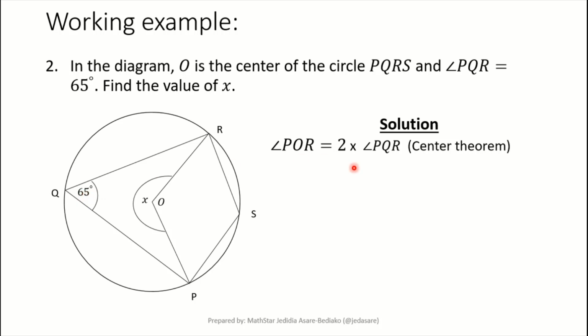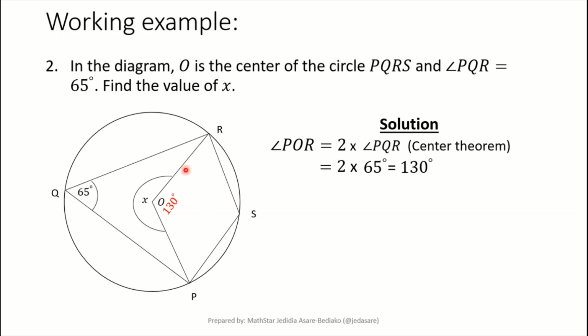Mind you, the diagram has been turned, but still the theorem holds. So we have 2 times 65 degrees, making 130 degrees. That is for the angle POR, this side at the center. So let's indicate it there. We have this side as 130 now.